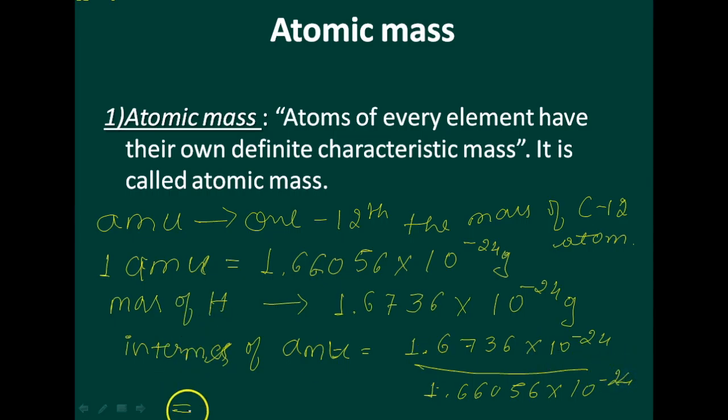How much are you getting for this? 1.0078 AMU, which can be written as 1.0080 AMU. Similarly the mass of an oxygen-16 atom would be 15.995 AMU.